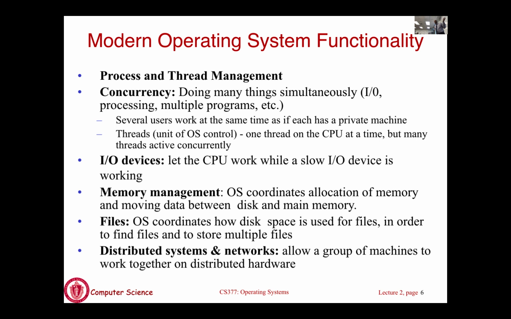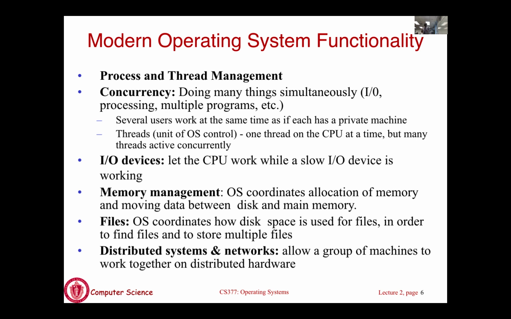You need to do process and thread management. You might need to do concurrency if your applications are threaded, so you need to provide concurrency support. You need to manage all your I/O devices, whether it's disks, anything you plug into a USB port, or the graphics card. All of these are I/O devices from the perspective of the OS. It needs to manage all of those.